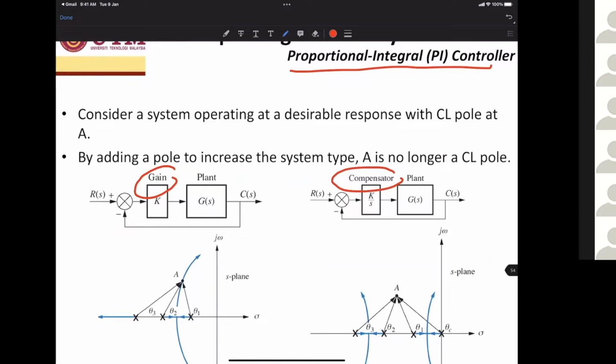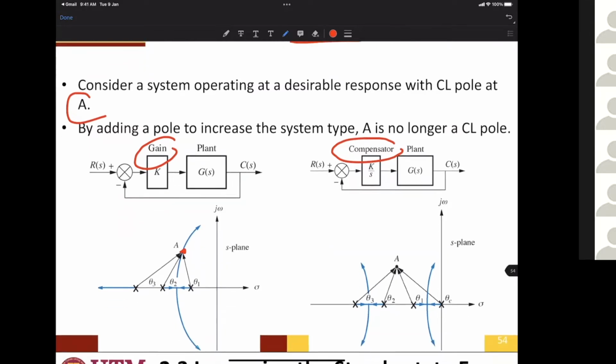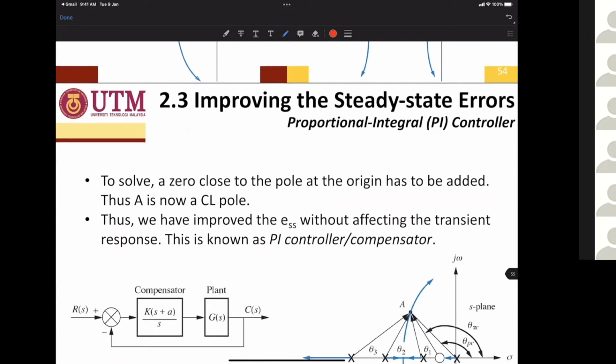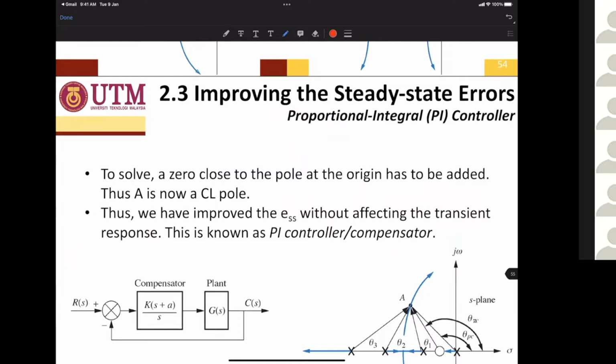Consider a system operating at a desirable response with closed loop pole at A. A adalah titik operating point dia. Kalau kita add zero ke dalam sistem, A is no longer a closed loop pole. So dia become another pole which is tidak melalui root locus. So to solve, a zero close to the pole at the origin has to be added. Thus A is now a closed loop pole.